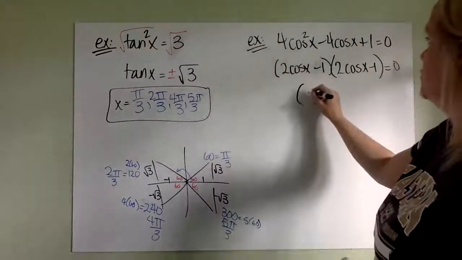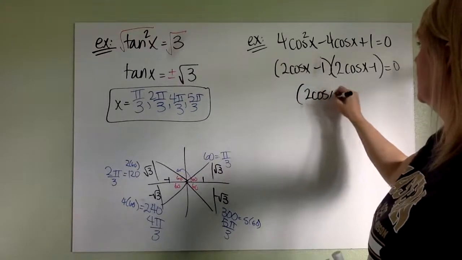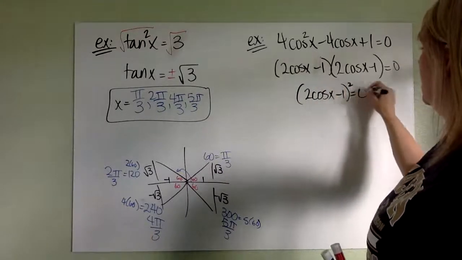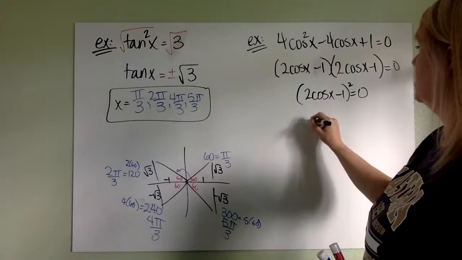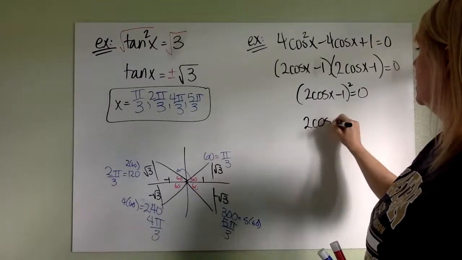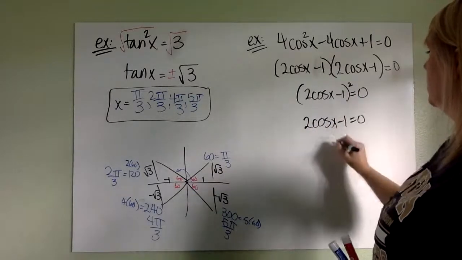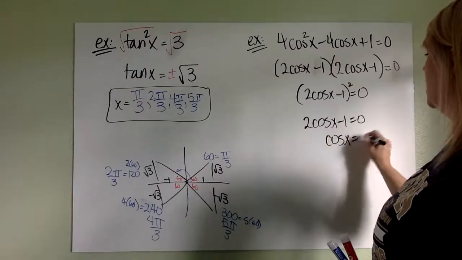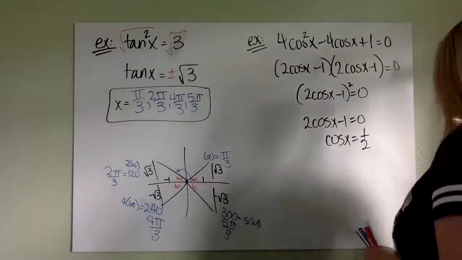So since we have just one factor, basically, we're just looking for where that's equal to 0. So where does 2 cosine minus 1 equal 0? It equals 0 at cosine equaling positive 1/2.